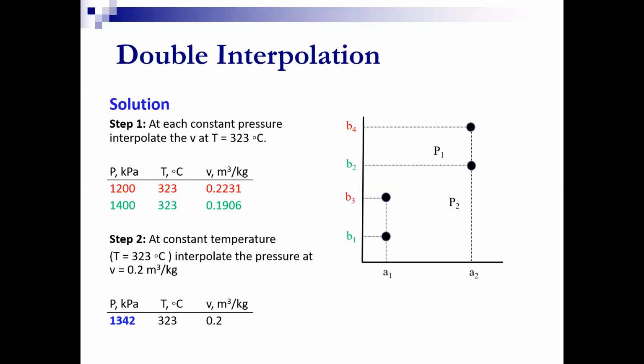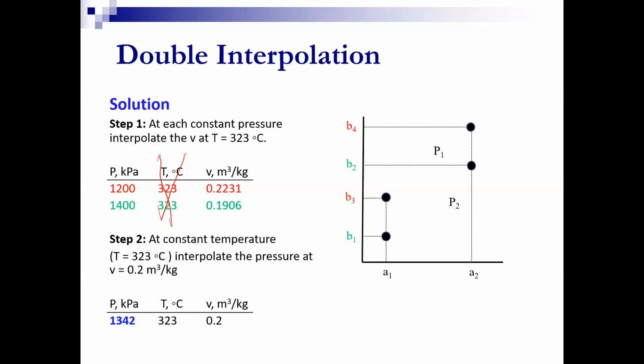The next step is this. I have fixed the temperature, I'm done with it. Now the next variable is the specific volume. Put away the temperature from this table, and then at the next step, you will have such a table. You know that at 1200 kilopascal, V is 0.2231.